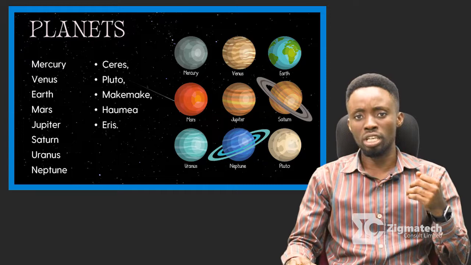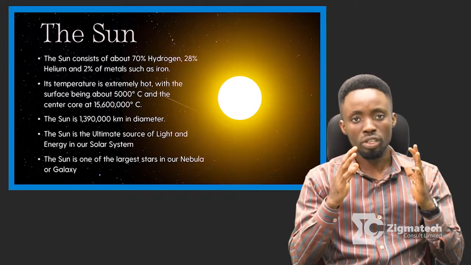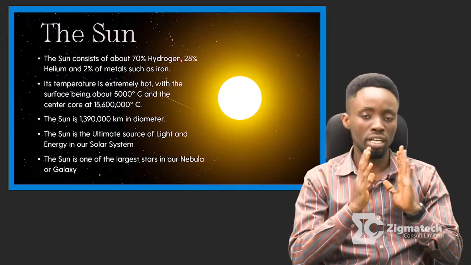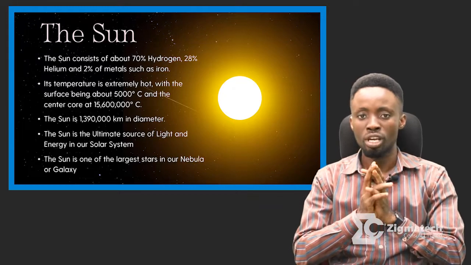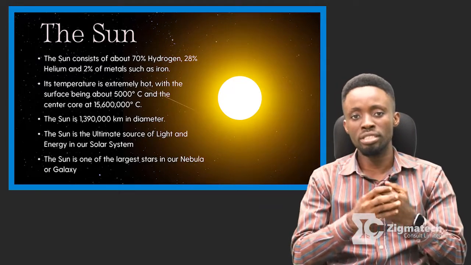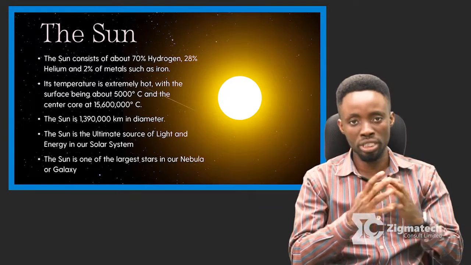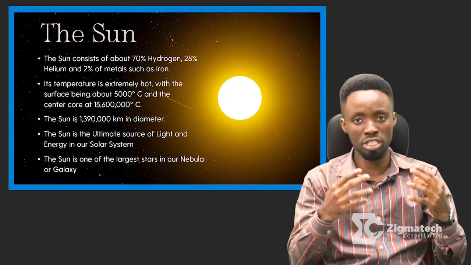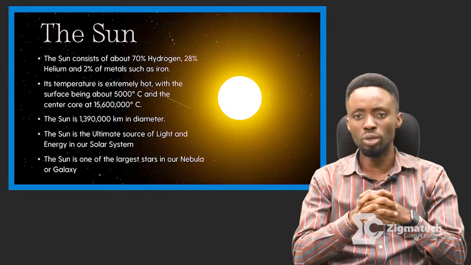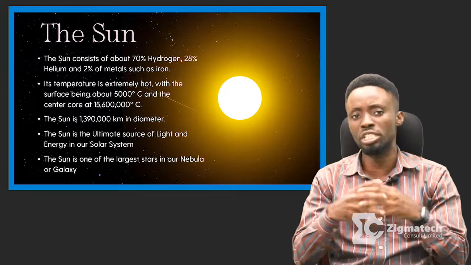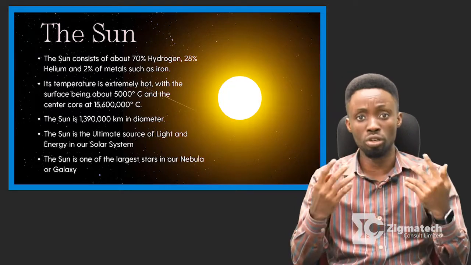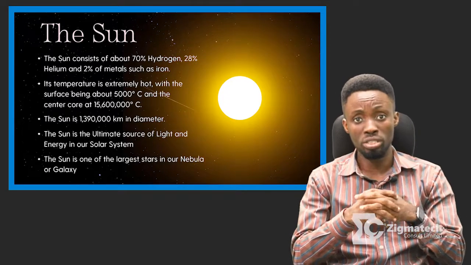So let's just take a look at the sun and the satellite planets. But before we look at the satellite planets, let's look at the chief object in our solar system, which is the sun. Now, the sun is actually made up of gases like hydrogen and helium, and it also contains metals such as iron.